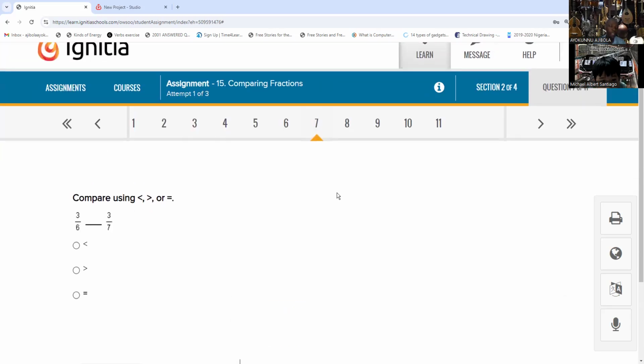Compare using less than, greater than, or equal to. So let's check it. The same numbers at the top, different numbers at the bottom. Like I said, I think I mentioned this before, when the numbers are the same at the top and the denominators are different, the smaller denominator carries the heavier weight.